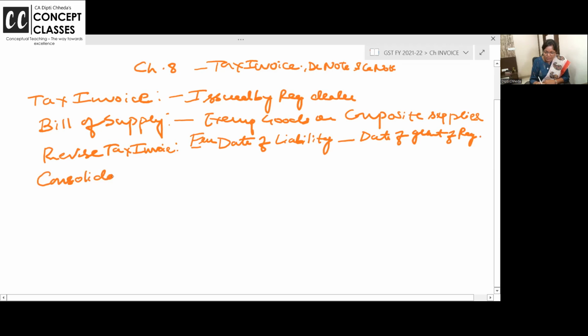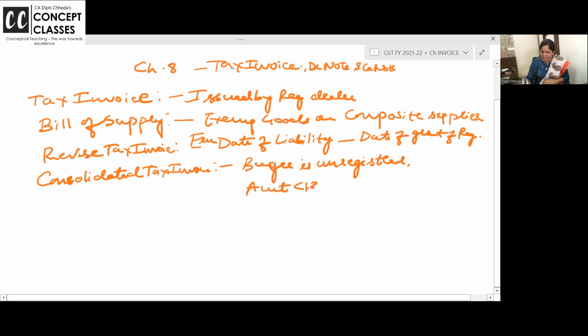Sometimes consolidated tax invoice: where the buyer is unregistered, the buyer is not registered, or the amount is less than rupees 200, and the buyer doesn't want a bill. Sometimes it's a cash sale.